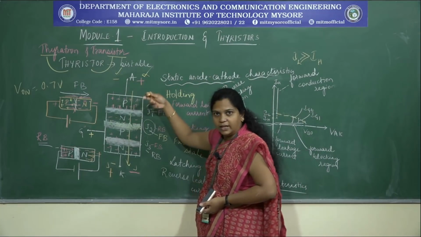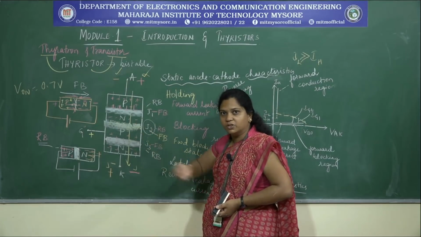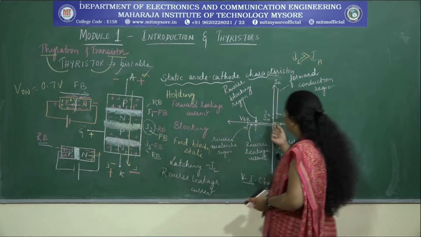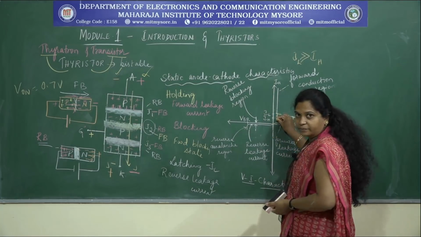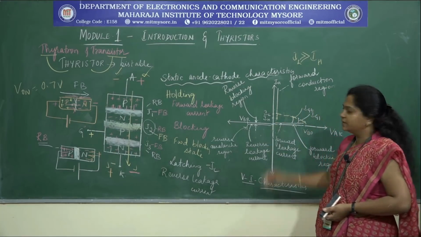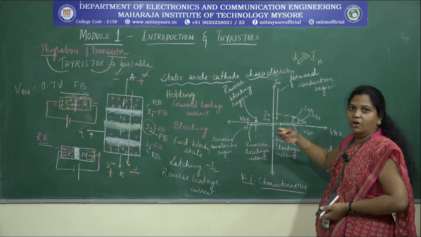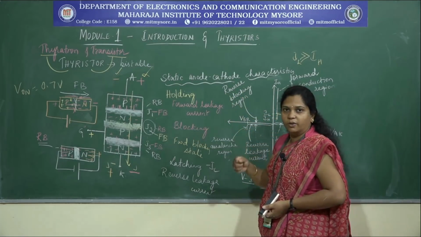Once you remove the electrons, at one point this J2 goes to the reverse bias condition. Then there will be a minimum hold current. After this minimum current, it will go to its off state. This is known as the holding current. The current that holds the device in the on state is the holding current.